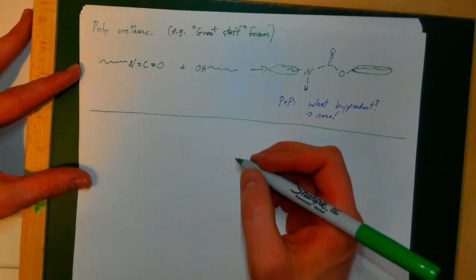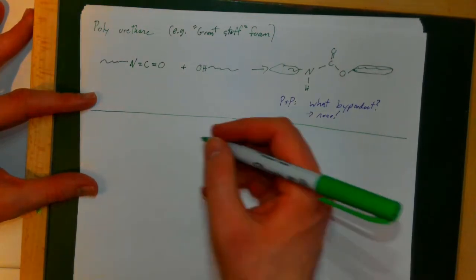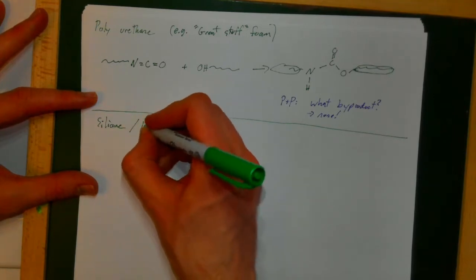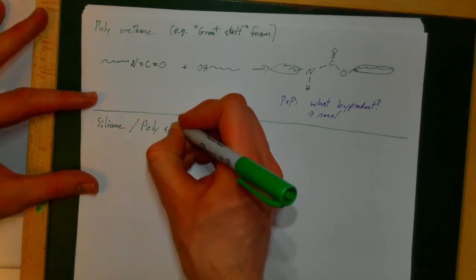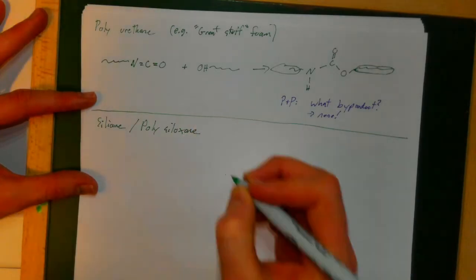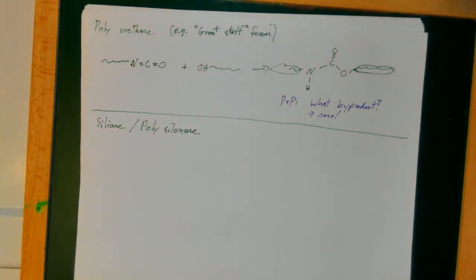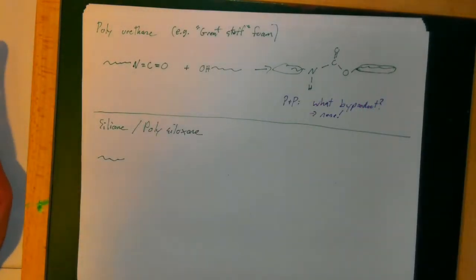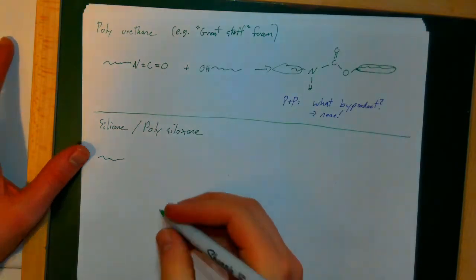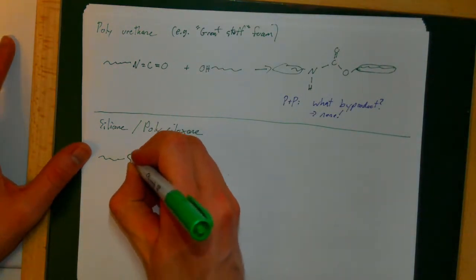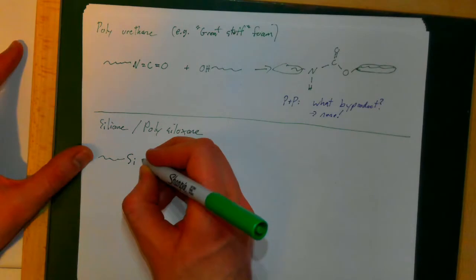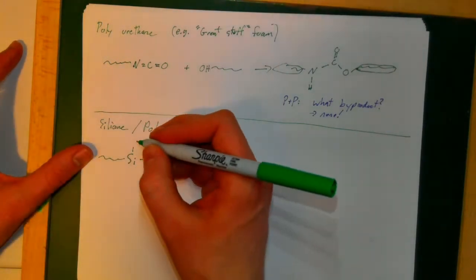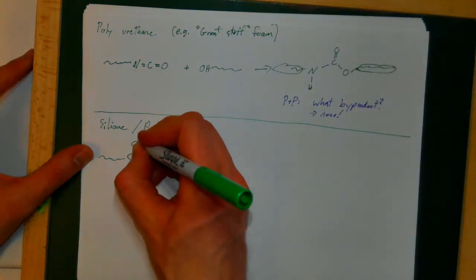Let's now talk about another type of polymer called silicone, or you might call it a polysiloxane. So let's say I had some polymer chain, and so far we've really only been talking about polymer backbones made of carbon, but imagine here I had a silicon and a chlorine, and the silicon had two CH3 groups on it.